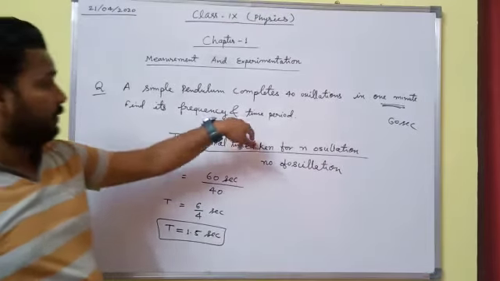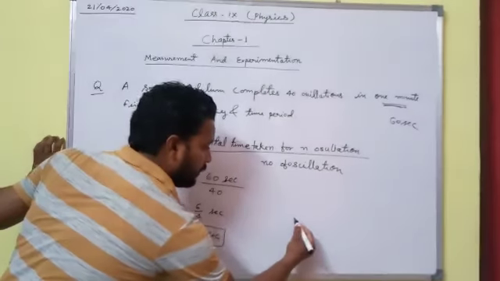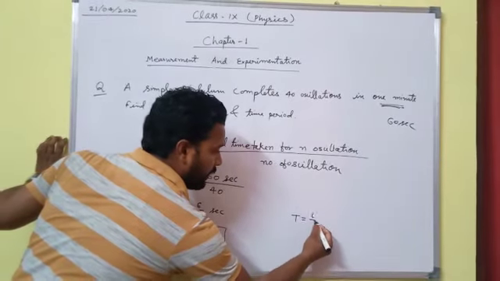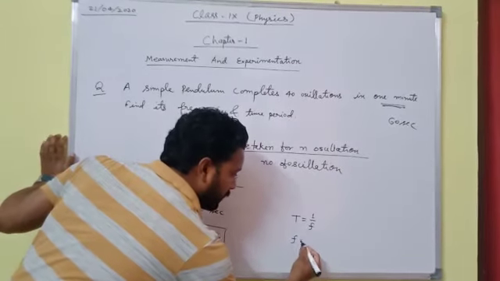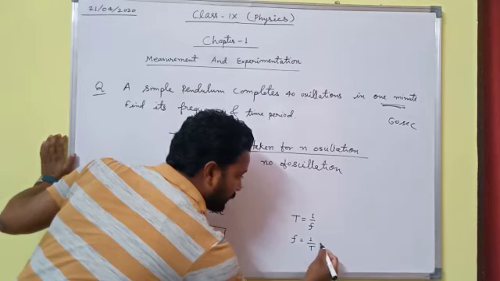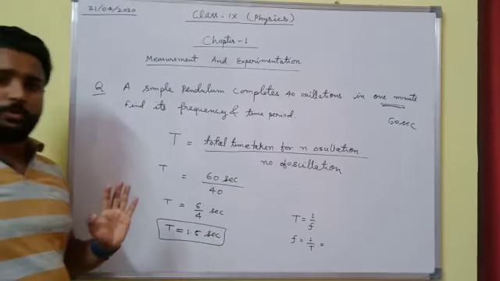And the second part will be frequency. We have another formula, T equals 1 upon frequency. So frequency equals 1 upon T, because frequency and time period are reciprocal to each other.